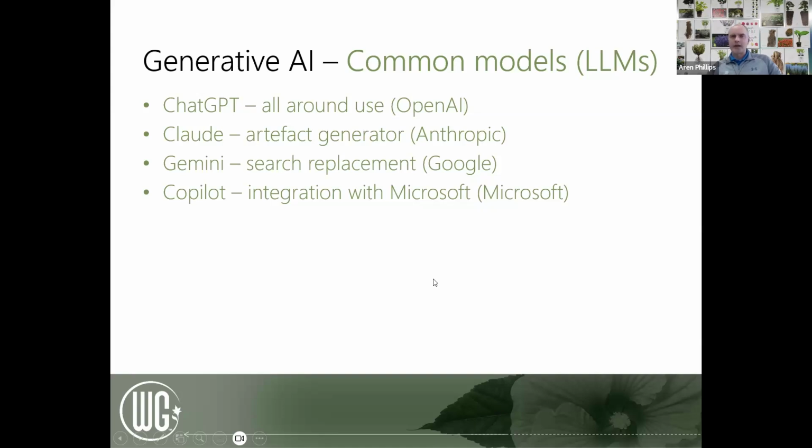Claude is another one. A lot of people don't know about Claude, but I'm actually going to be using that one today. I like it because with generation, it actually creates a separate document, a separate artifact that you can then download and copy. Gemini is from Google. And again, old habits die hard. I've just been using it as a search replacement.